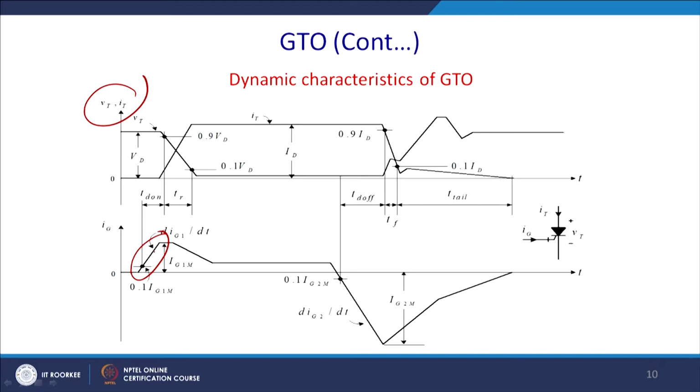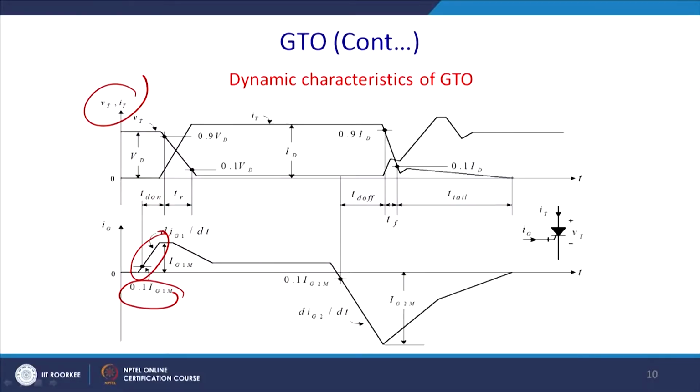Once you initiate it, until Ig rises to 10%, up to that point the voltage is the forward blocking voltage. Then you ramp it to the maximum value, and by that time the voltage across the thyristor drops by around 90%, and current through this GTO rises by maybe 10%.